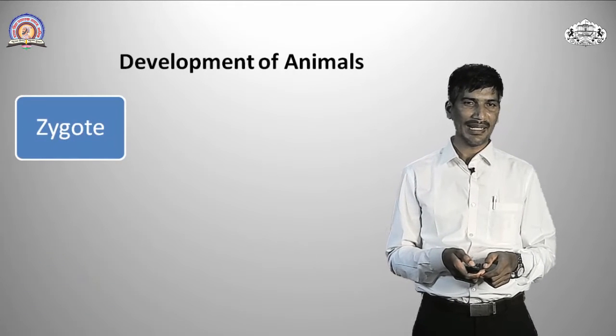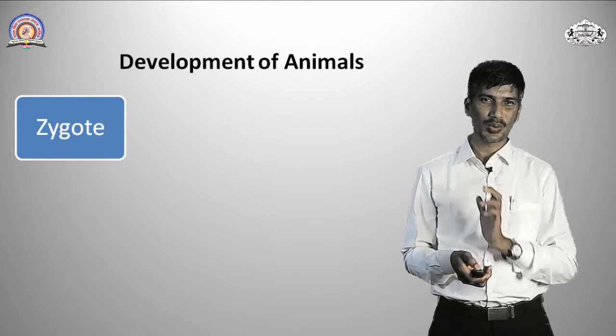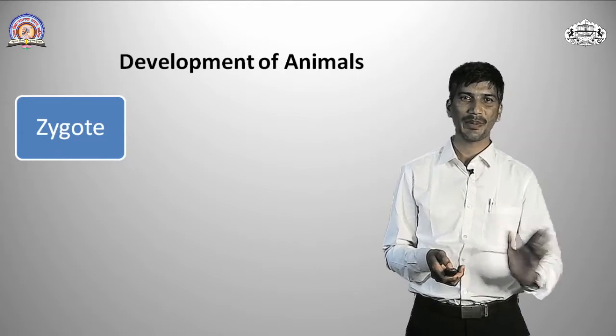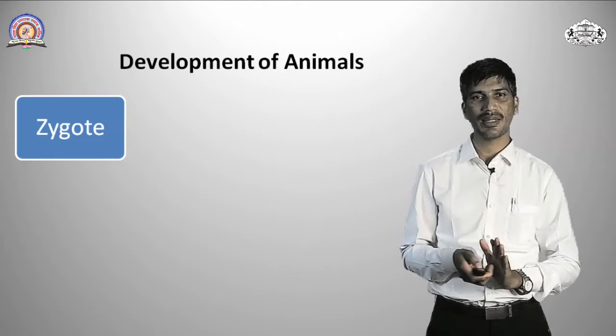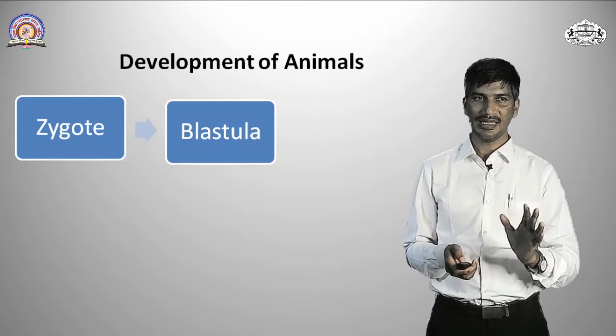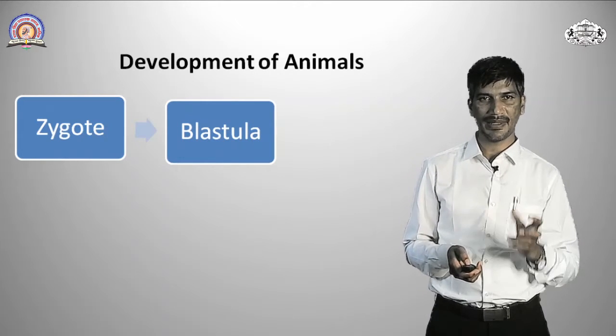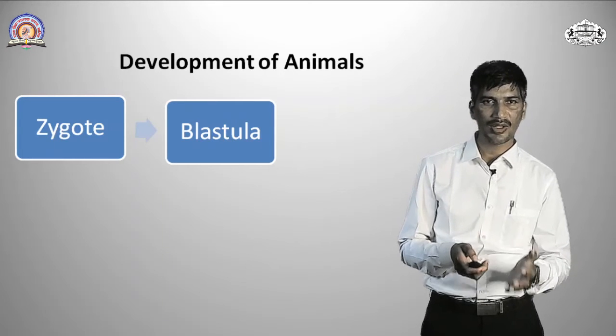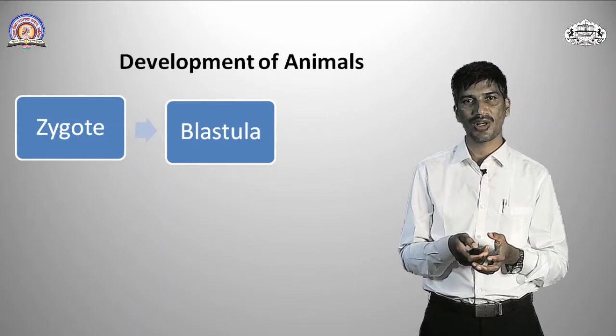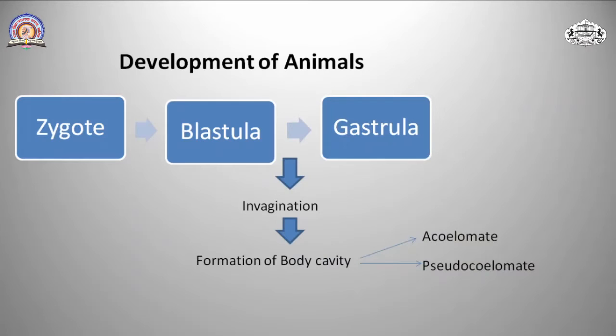The development part we briefly go through in a very superficial manner, how development occurs in metazoan animals. Firstly, there is the union of male and female gametes, forming the zygote. Then in zygote development cell division occurs, and the blastula is converted to the gastrula.